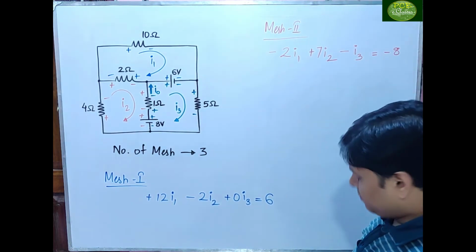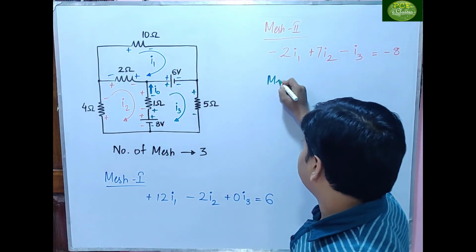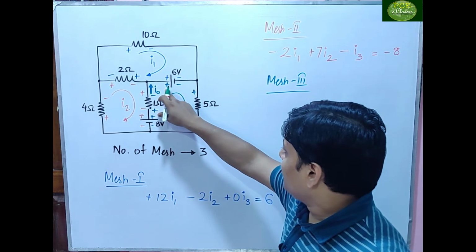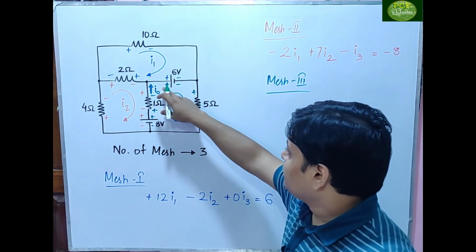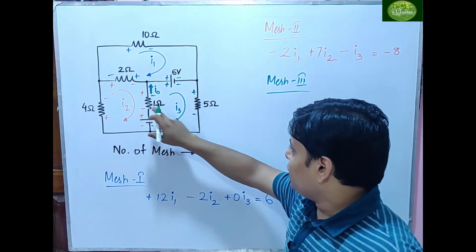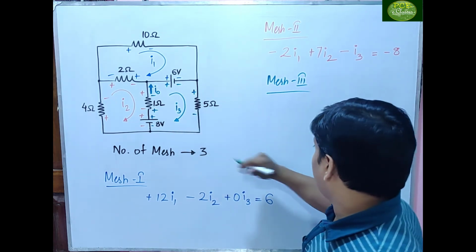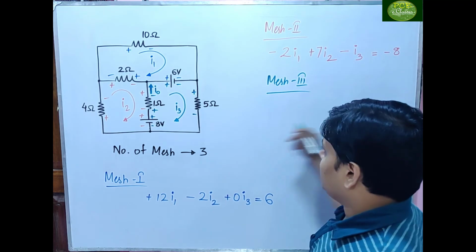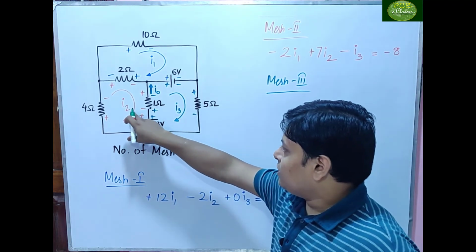Moving to the third one. What is the third one? Mesh 3. Entering positive. Right? We are starting from here. So 5, 1. 2 resistors are there. So 5 plus 1, 6. Which current is flowing? I3. So I'll write down this one as 6 I3. Dual current where it is flowing? 1. That is I2 is flowing.